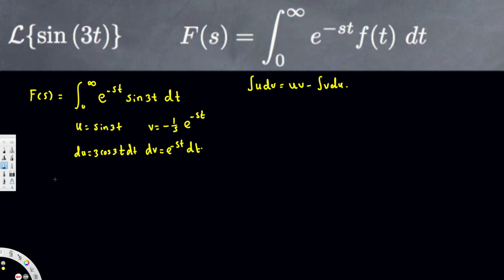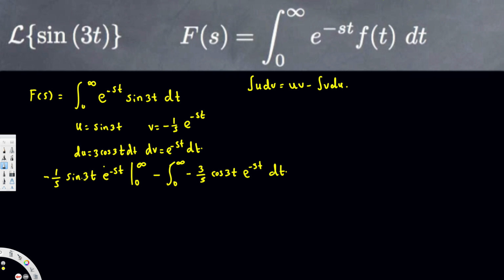If you multiply these two together, that gives negative 1 over s sine 3t e^(-st), going from 0 to infinity, minus the integral from 0 to infinity of v du, where v is negative 1 over s e^(-st) and du is 3 cos 3t dt. If we multiply these two together, that gives us negative 3 over s cos 3t e^(-st) dt.